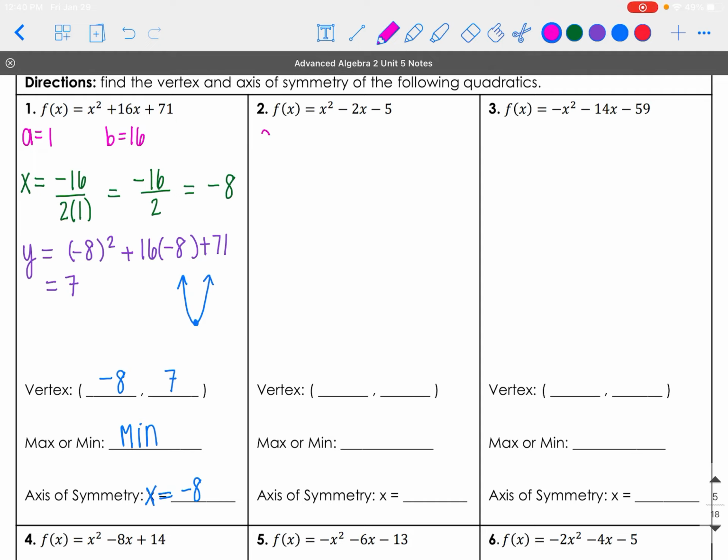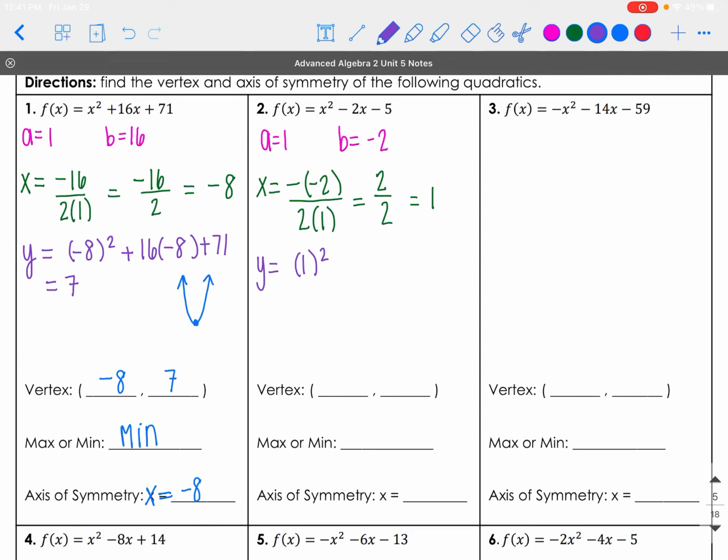Number 2. A is 1. B is negative 2. So x equals negative b, which would be negative negative 2 over 2 times a, or 2 times 1. That's 2 divided by 2, which is 1.